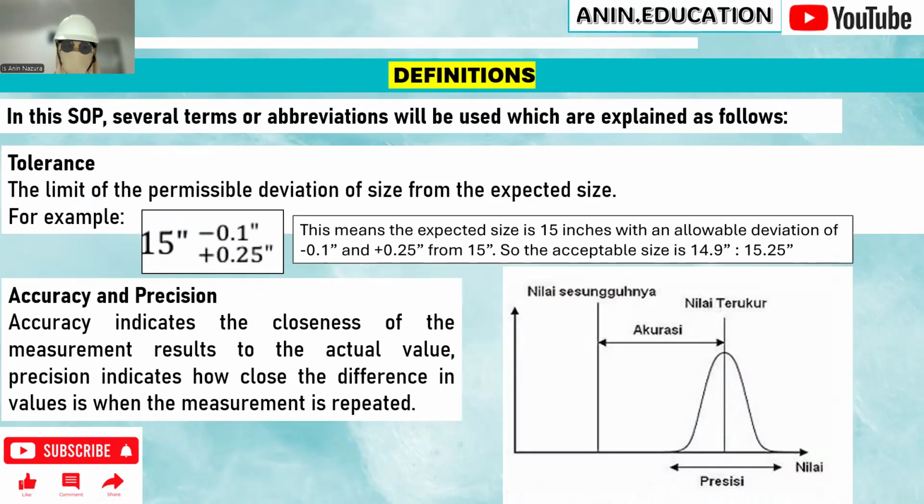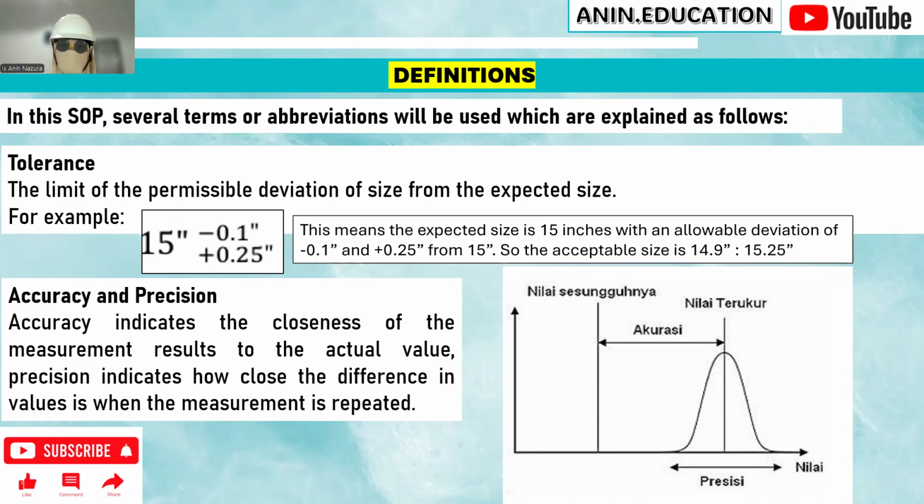Definition: in this SOP, several terms or abbreviations will be used, which are explained as follows. Tolerance: the limit of the permissible deviations of the size from the expected size. For example, 15 inch, minus 0.1 inch, plus 0.25 inch.